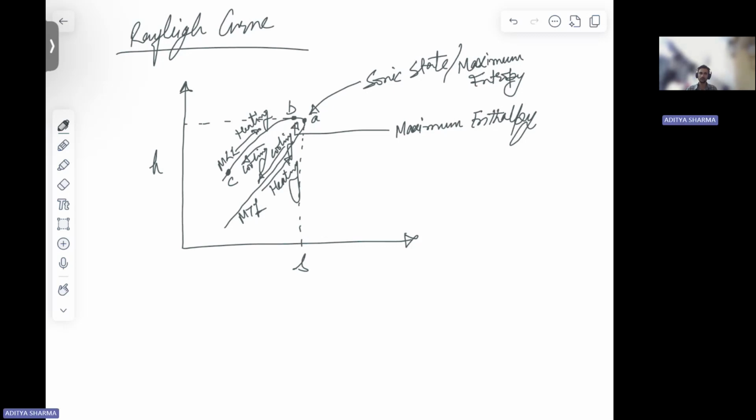Now, the lower portion of the curve corresponds to supersonic flow. I could have called it B dash, and this point I'll call A dash.